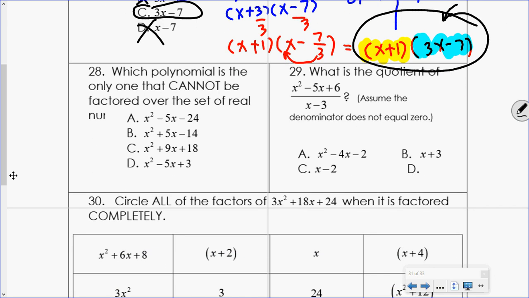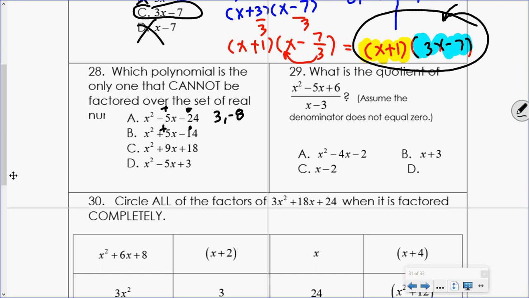Which polynomial is the only one that cannot be factored over a set of real numbers? So you have to go through and see if you can find two numbers. The first one multiplies to negative 24 and adds to negative 5x. The bigger number has to be negative. So 3 and negative 8. That works. For B, it multiplies to negative 14 and adds up to positive 5.